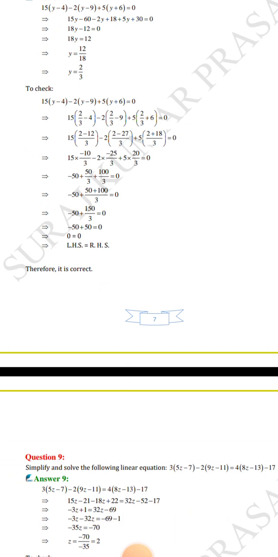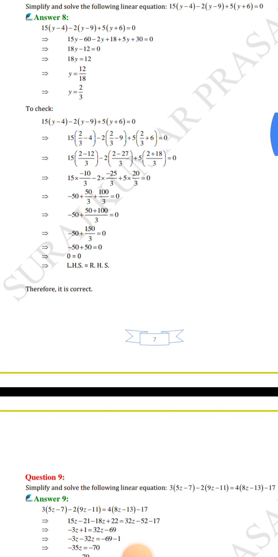By simplifying we get y equals 2 by 3. To check, 5 of y minus 4 minus 2 of y minus 9 plus 5 of y plus 6 equals 0. We have to take 2 by 3 in the place of y. 5 of 2 by 3 minus 4 minus 2 of 2 by 3 minus 9 plus 5 of 2 by 3 plus 6 equals 0.